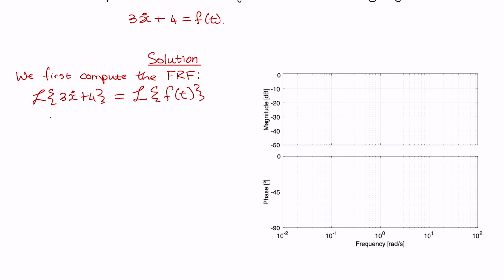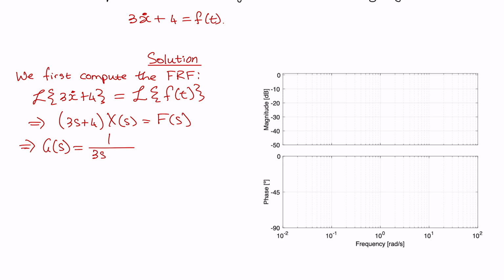This is going to give us 3s plus 4 times big X of s is equal to big F of s. From here, we find that our transfer function G of s is equal to 1 divided by 3s plus 4, such that the FRF, or H of omega, will be equal to 1 divided by 3 j omega plus 4.